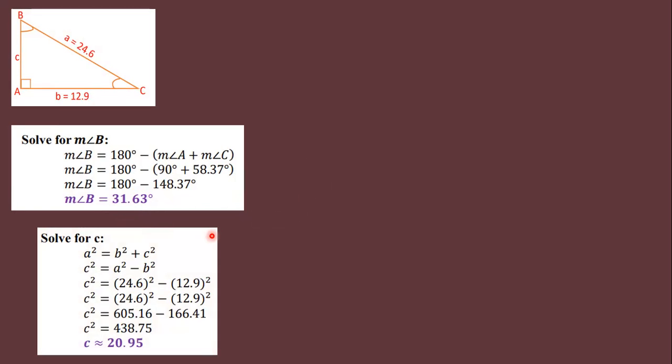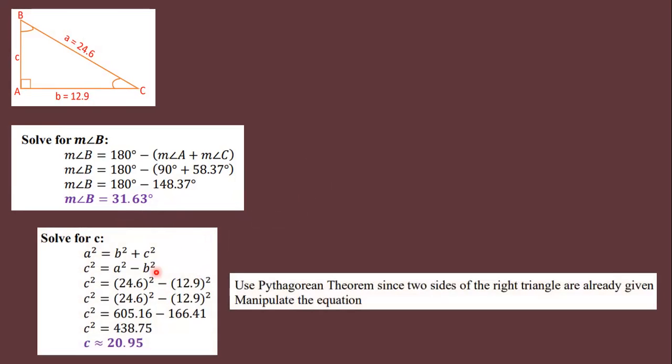We solve for C, and it's very easy. As you observe there, we can apply the Pythagorean relationship. We use the Pythagorean theorem since two sides of the right triangle are already given, and then we manipulate the equation. Once you're done substituting the value of A, that's 24.6, and the value of B, that's 12.9, squaring 24.6 gives 605.16. Squaring 12.9 gives 166.41.